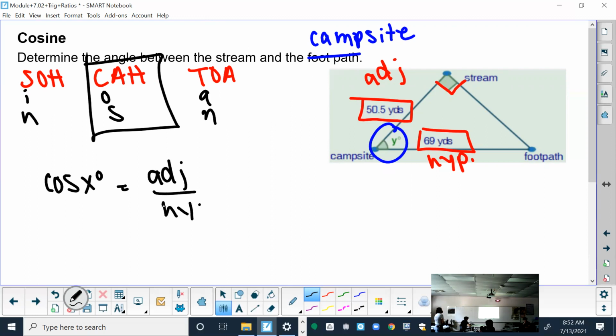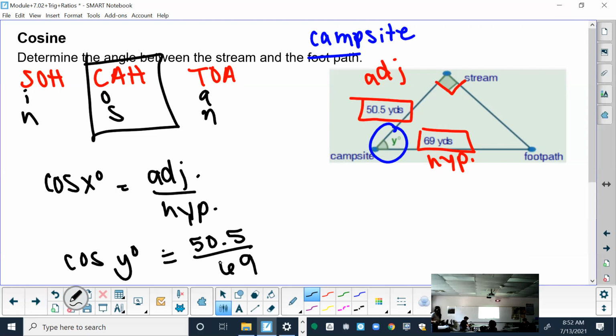So here's the function for cosine. We're going to plug in what we are given. The angle measure is Y degrees, so we don't actually know what that is right now. The adjacent side has a value of 50.5. The hypotenuse has a value of 69.